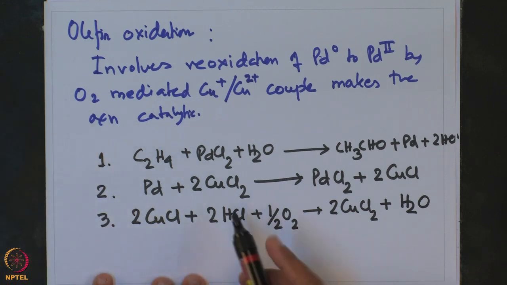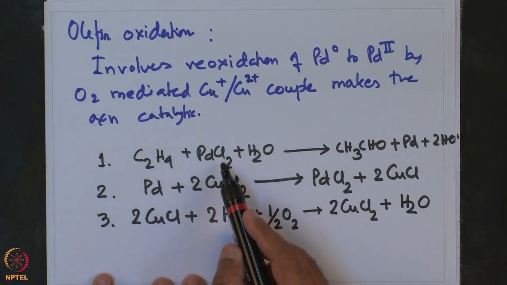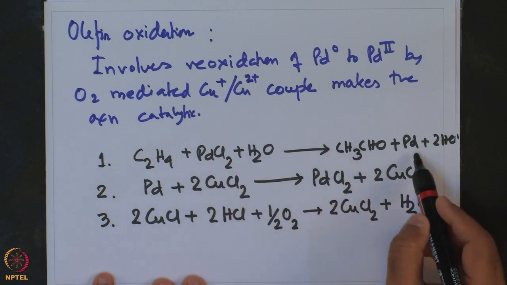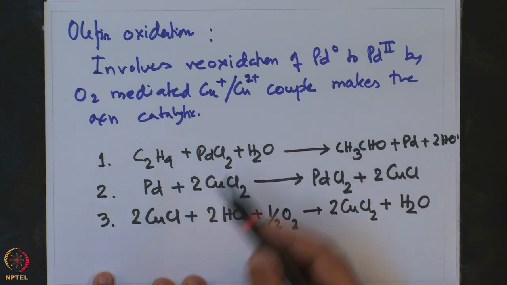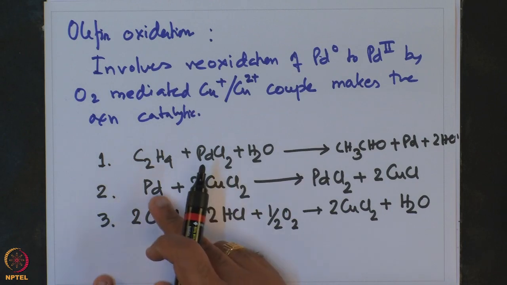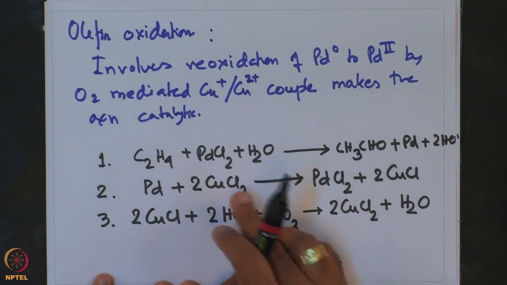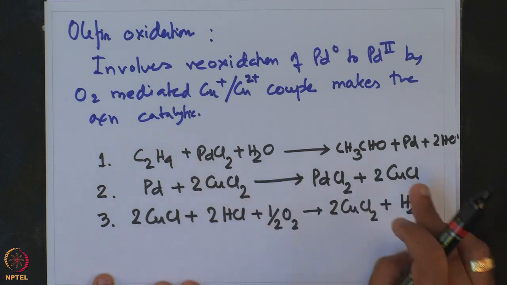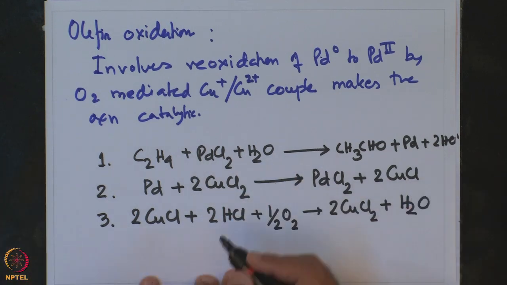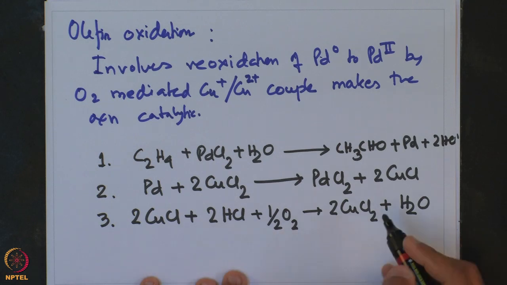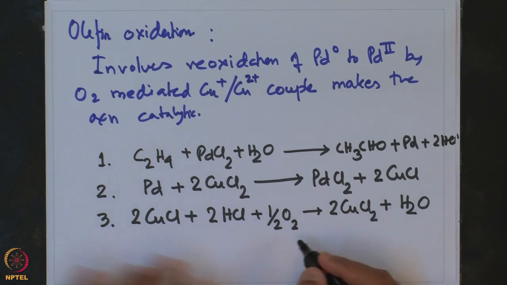Now, first is ethylene with palladium chloride, giving acetaldehyde plus palladium 0. Next comes the oxidation of palladium 0 to palladium 2 with copper 2 chloride becoming copper 1 chloride, and copper 1 chloride is further oxidized to copper 2 chloride in the presence of oxygen.